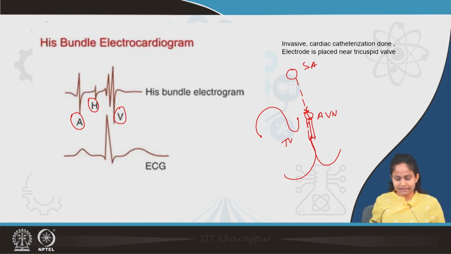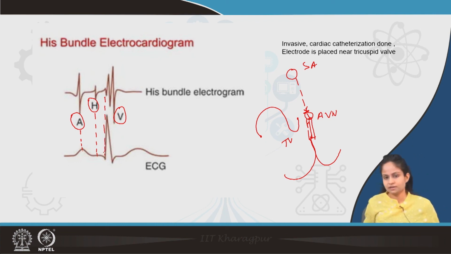So, if we correlate this His bundle electrogram with the ECG, we can see this A wave corresponds to the mid of the P wave. This H wave comes somewhere in the middle of the PR interval, between the P wave and the R wave, and this ventricular V wave corresponds to the Q wave, which gives the onset of the ventricular depolarization.